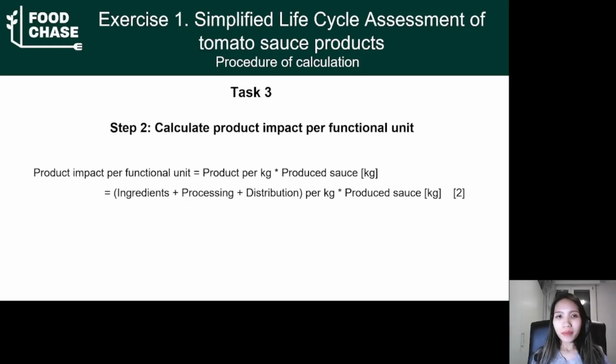In the next step, you have to calculate the product impact per functional unit, which is equal to product impact per kilogram multiplied by the real amount of produced starch in kilogram, which equals the sum of ingredients, processing and distribution impact per kilogram multiplied by the real amount of produced starch in kilogram.